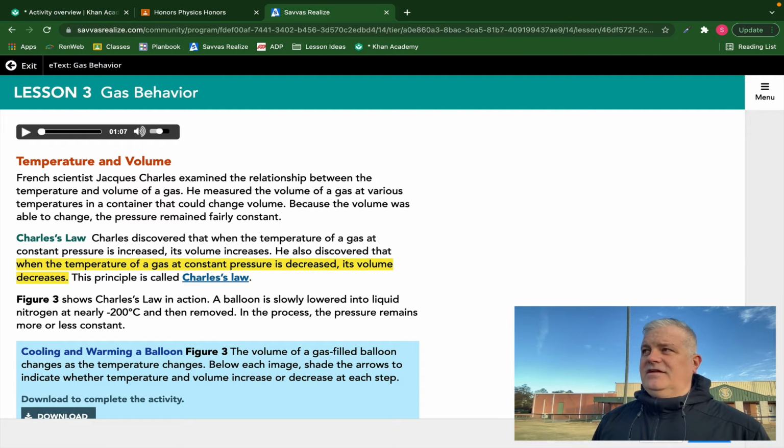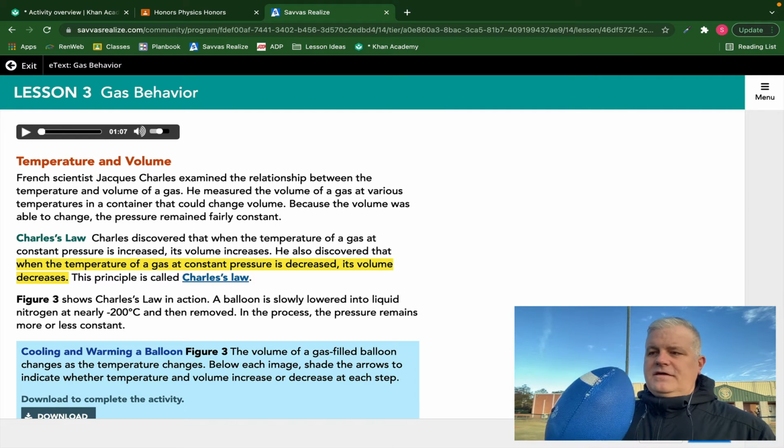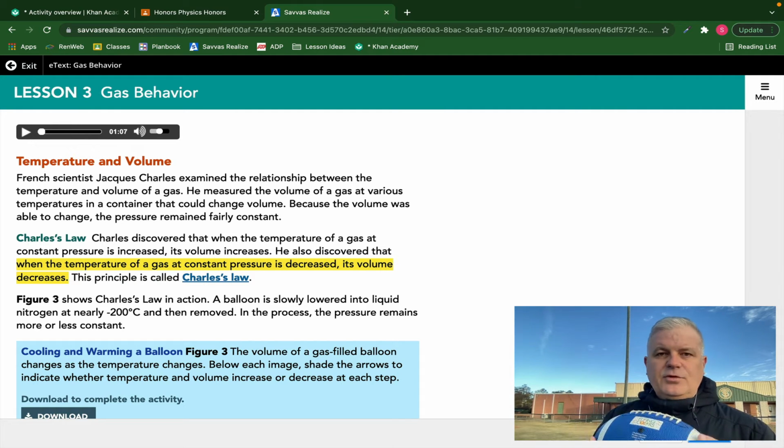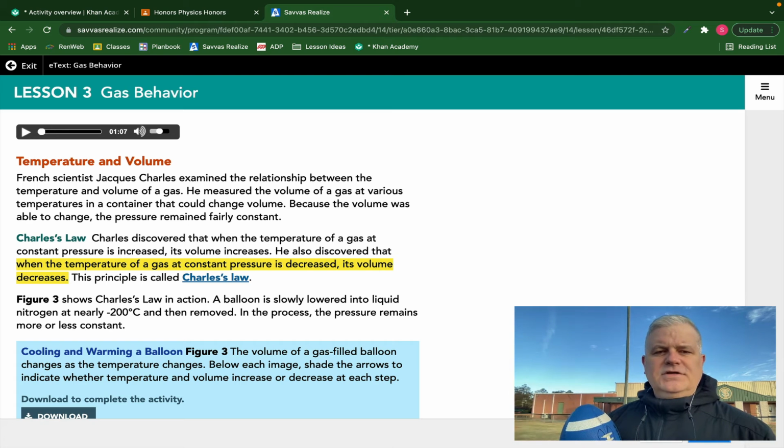So it's cooler out here. Later on today, it's going to be about 70, 75 degrees maybe. So the volume inside of this ball will actually expand, even though it's the same amount of gas, we're not putting any more air into it. So on a hot day, a ball will expand, a substance will expand. There's a big truck. That's Charles' Law.